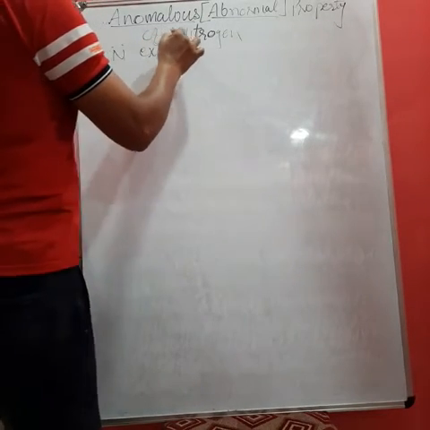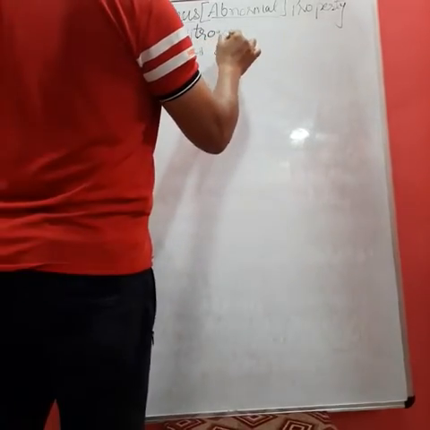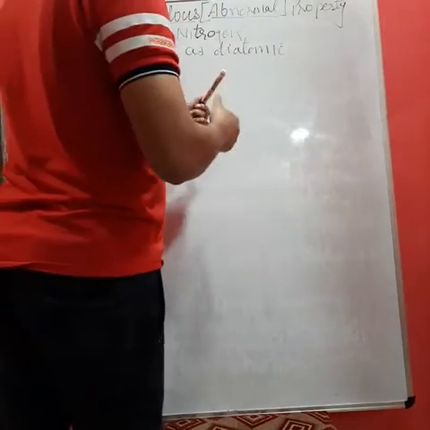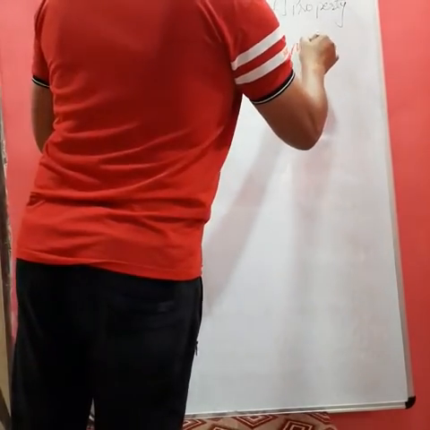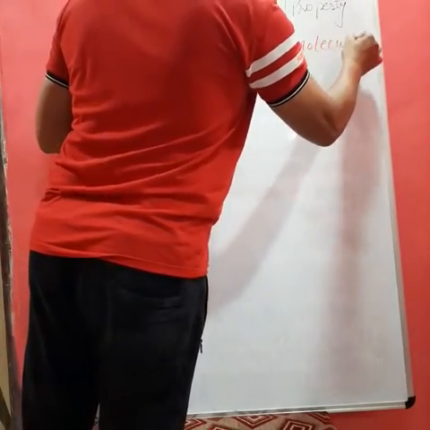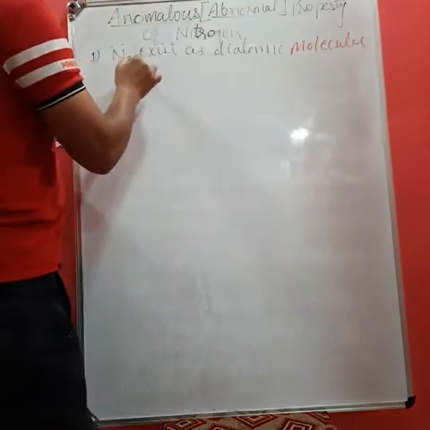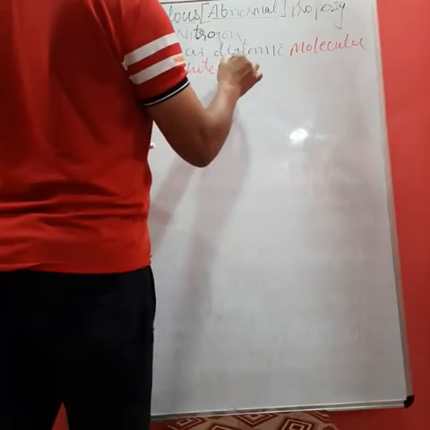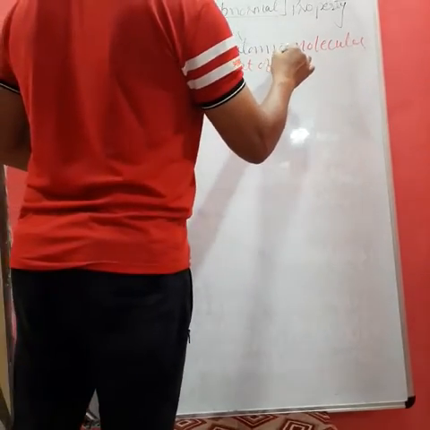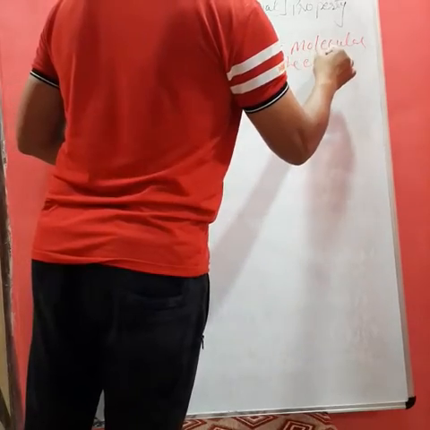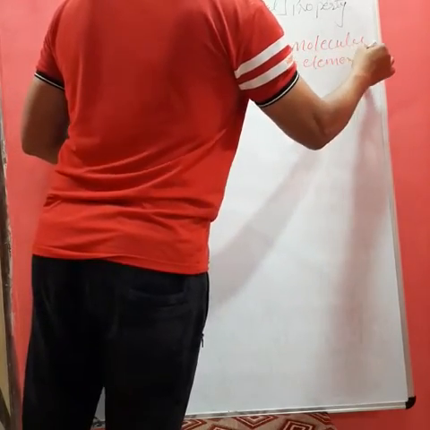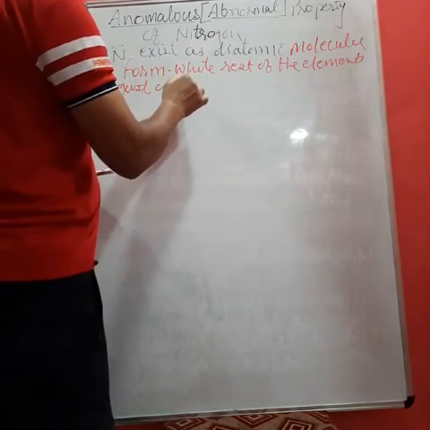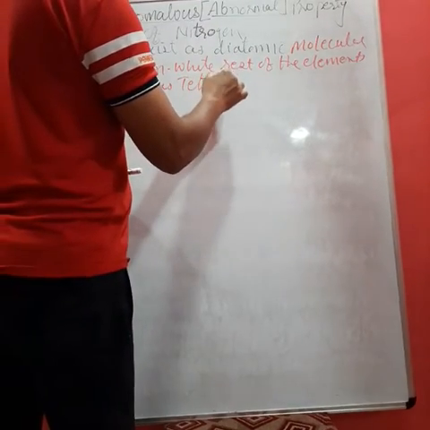Nitrogen exists as a diatomic molecule, diatomic molecular form, while the rest of the elements exist as tetraatomic form.